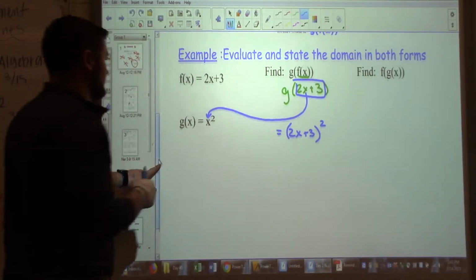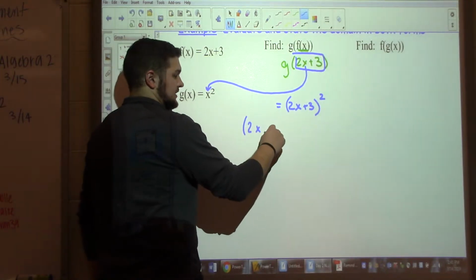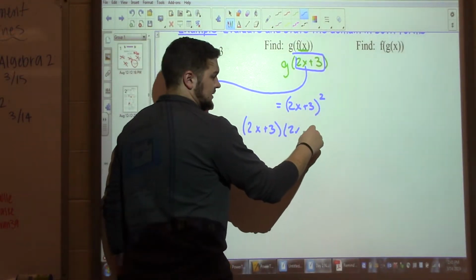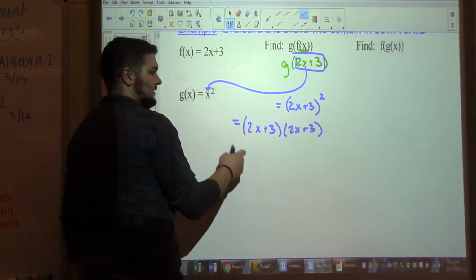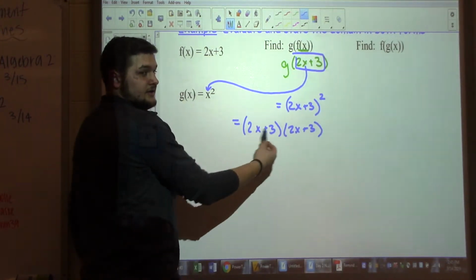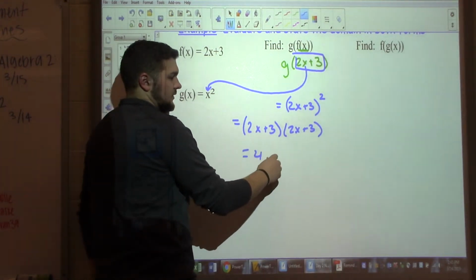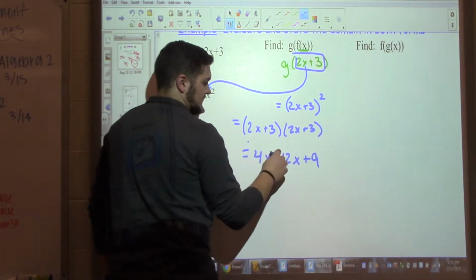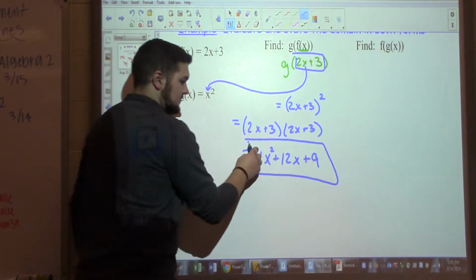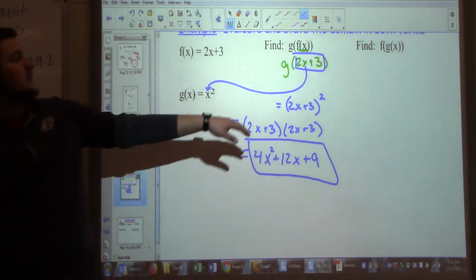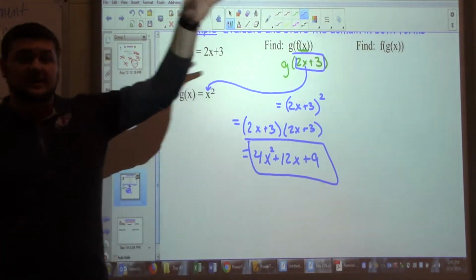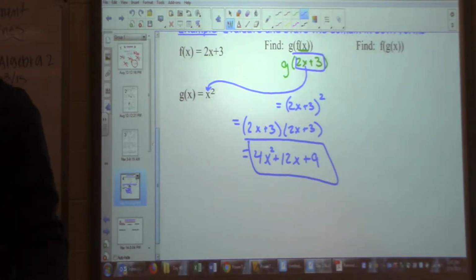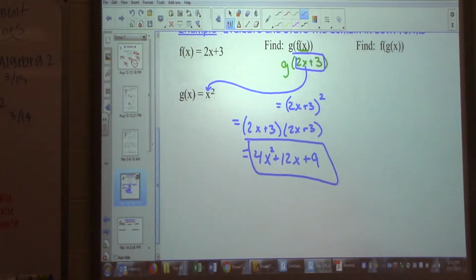Probably not. (2x plus 3) times (2x plus 3), and FOIL it, right? Squared means times itself. So, 4x squared plus 12x plus 9, excuse me. And that's my answer for g of f of x. We took f of x, we plugged it into our g function. Okay? Does that make sense?